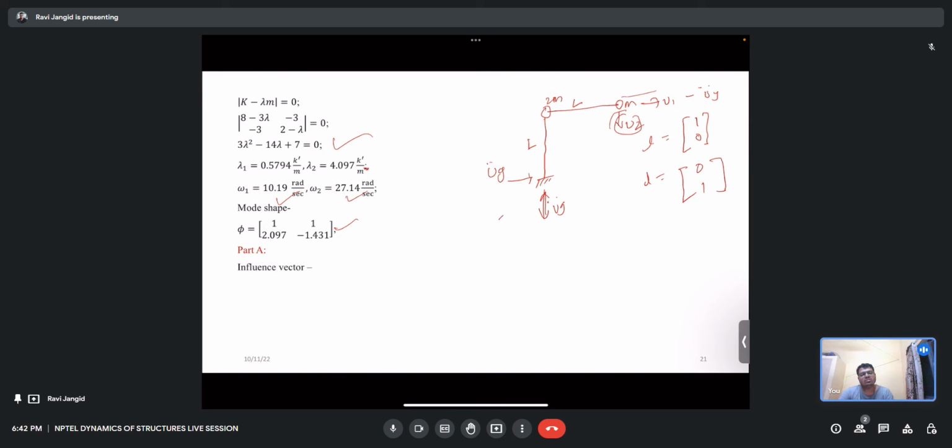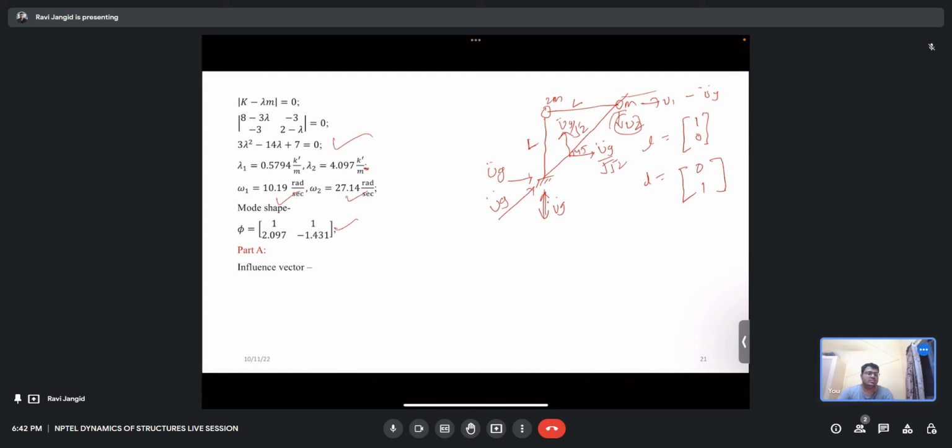Now I have been given the ground motion acceleration direction, this ug double dot, inclined like this. So if I divide it into components, obviously the height and the length are the same, so that will be 45 degrees. So the components will be ug double dot by root 2 and ug double dot by root 2.